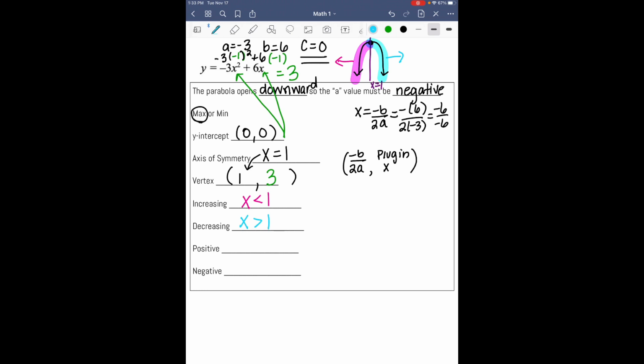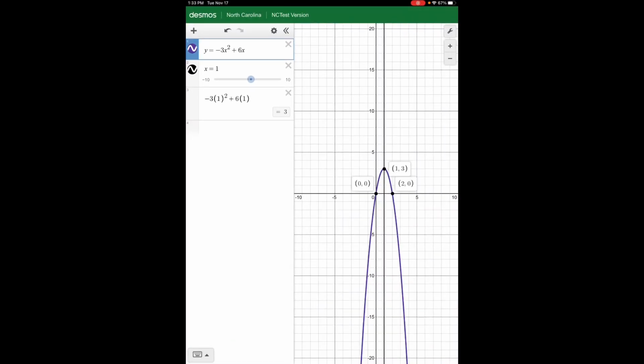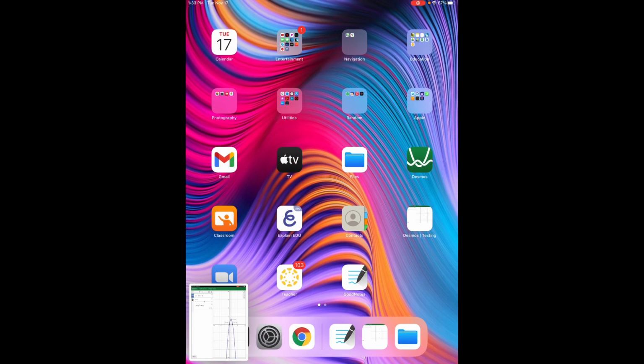All right, and then the last thing is the positive and the negative. And again, we're going to look at that in Desmos. So we need our x and y intercepts, which are at 0 and 2. I'm just going to take a quick little screenshot.